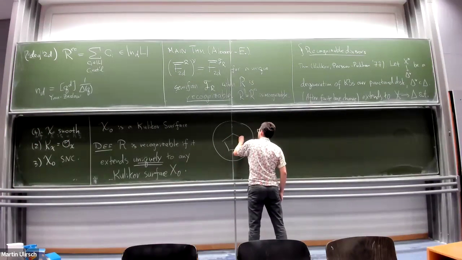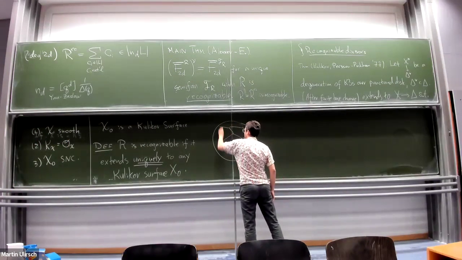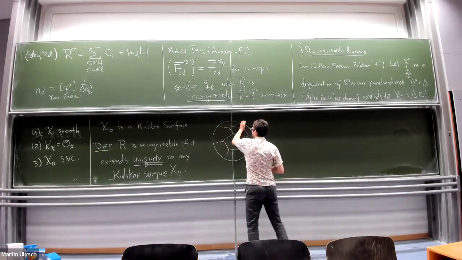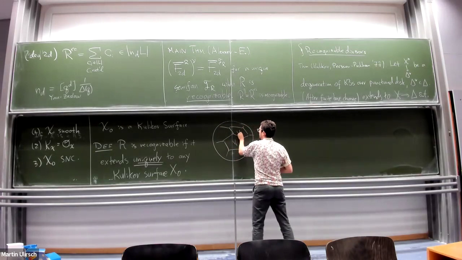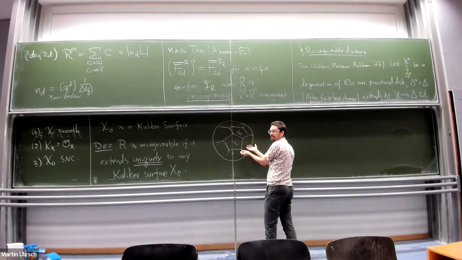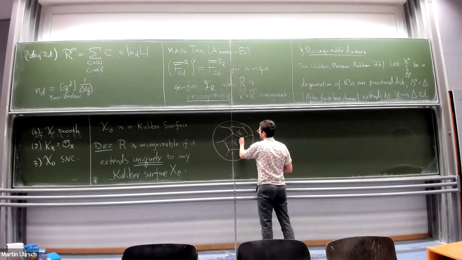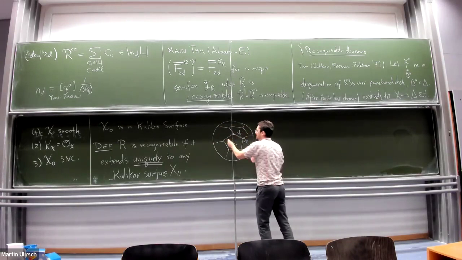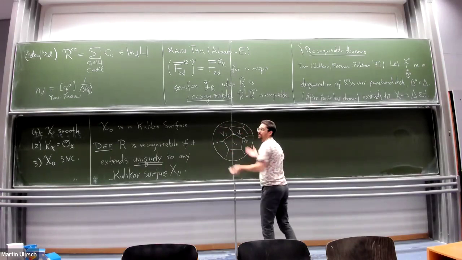Okay, so you should think in your head of something kind of like this. You have some components like V1, V2. These are smooth surfaces, and then there are double curves, which are smooth curves where you glue 2 of the surfaces, and then there are these triple points where 3 of the surfaces meet.